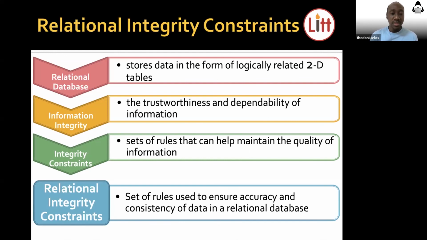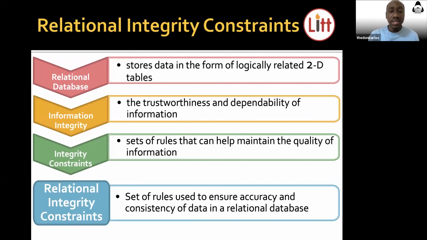They come together to form what you call the relational integrity constraints. That is the set of rules that are used to ensure accuracy and consistency of data in a relational database. So we are going to be looking at some of these rules that the database designers or the team applies to ensure that the data is consistent.